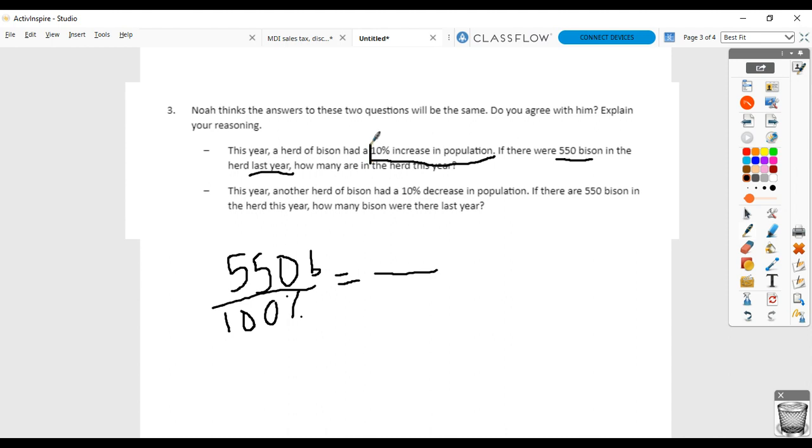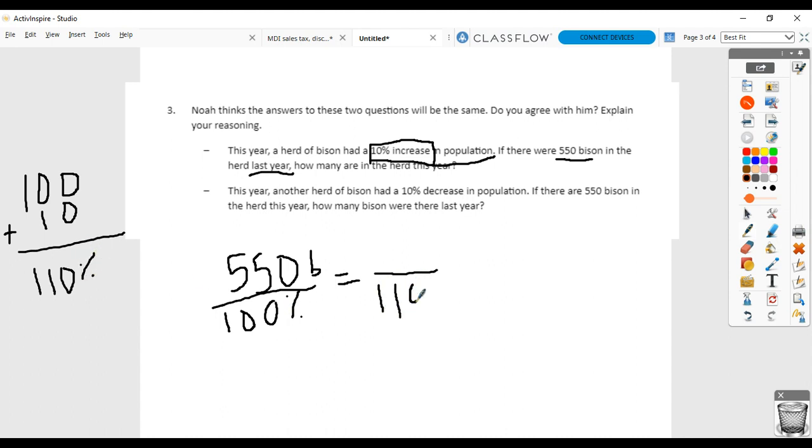Now it says this year there was a 10% increase. So as we know, an increase means it's getting bigger. So that means add in math. So I always start with 100%. I increase 10%. And 100 plus 10 gives me 110. So 110%, and if percent's on bottom, percent is going to stay on bottom.